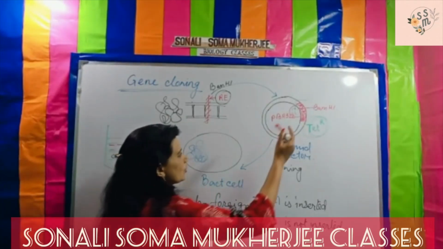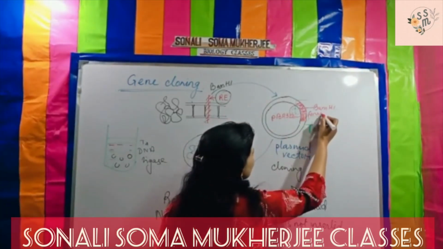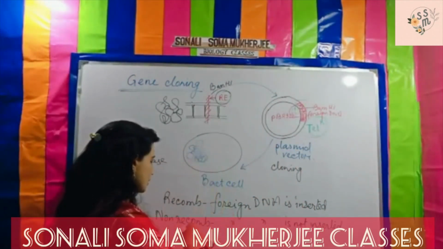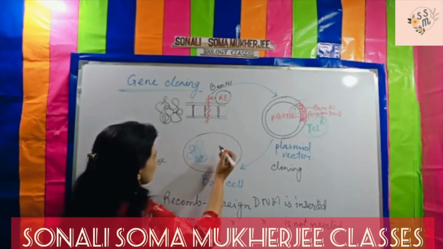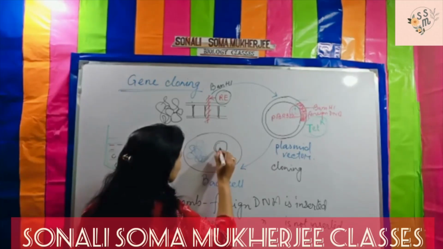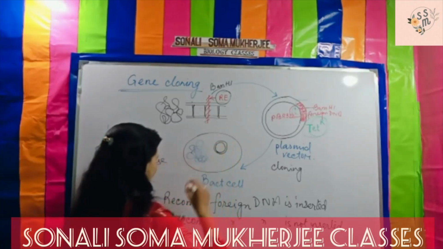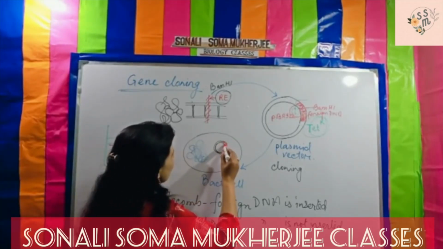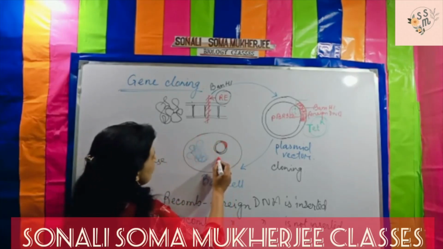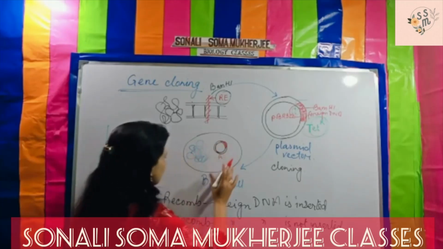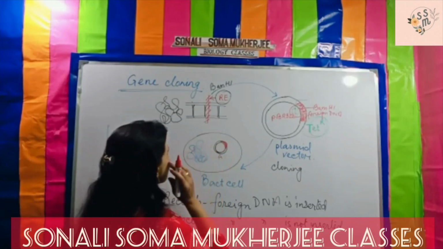Let me write here that foreign DNA is already inserted in this case, and this is now going to be placed into the bacterial cell. That is, the plasmid will be placed in this bacterial cell, which is carrying the foreign gene in it. So this is a recombinant. This is the recombinant molecule of DNA, and it is going to carry that foreign gene in it.